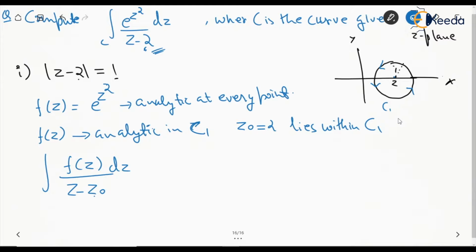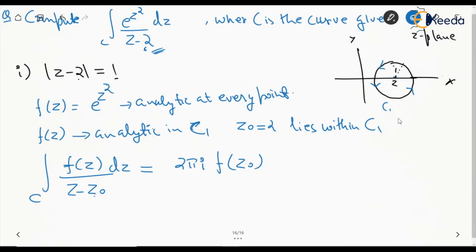So we have seen that as per Cauchy's integral formula, the integration of f of z by z minus z0 dz for the contour C is given as 2 pi i f of z0. This is what we have studied. Obviously we can see that the contour is counterclockwise also, right?